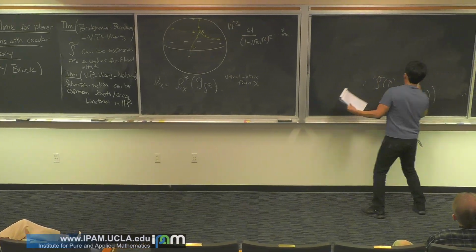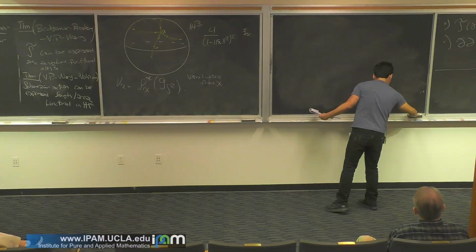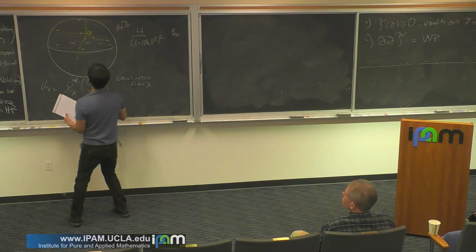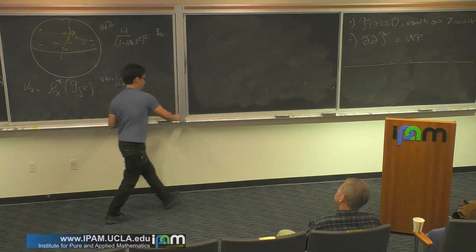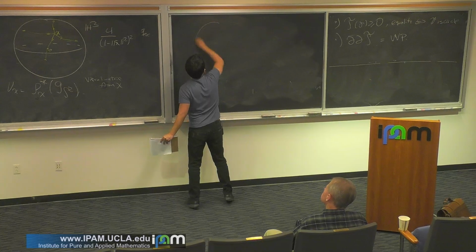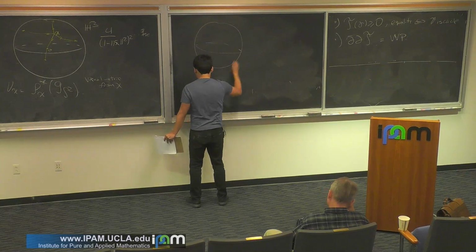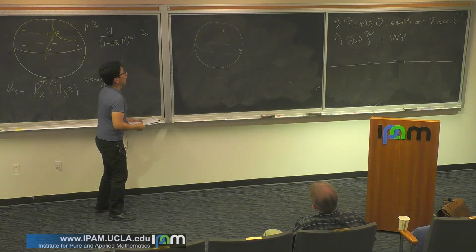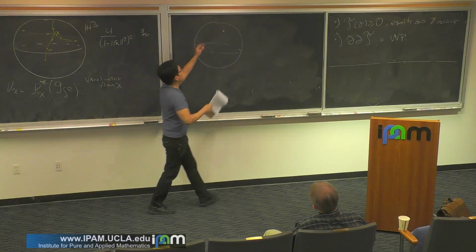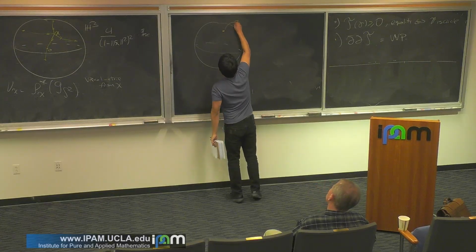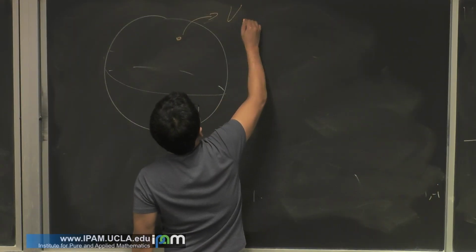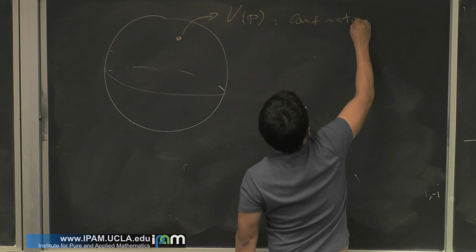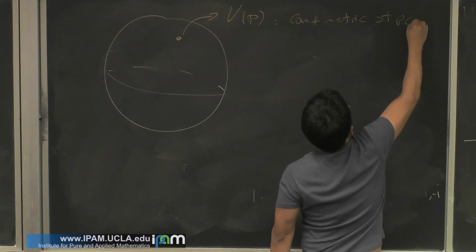Now, the interesting part here will be the following. Let me redo the picture so it doesn't get too busy. Let's say I have a point p, and I have already decided what my conformal metric is going to be: V at the point p, a conformal metric at p in S2.